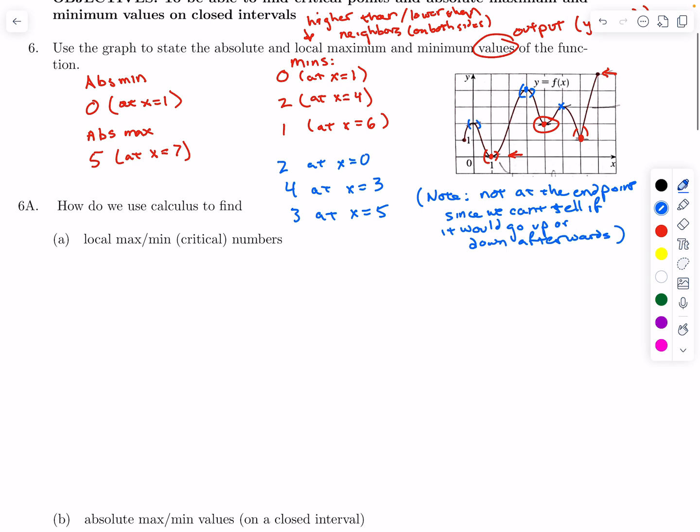So, okay, so how do we find local max mins using calculus? So local mins happen when the derivative is flat, 0, or when the derivative is undefined.